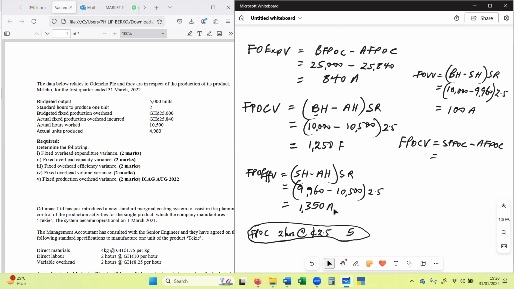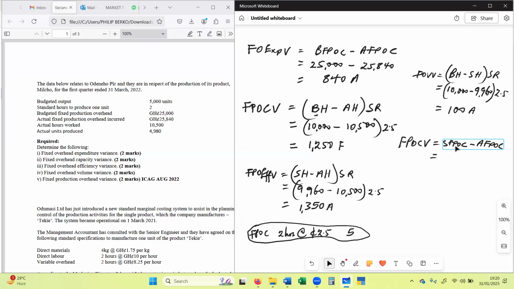Do you understand it? Is it the budgeted output?